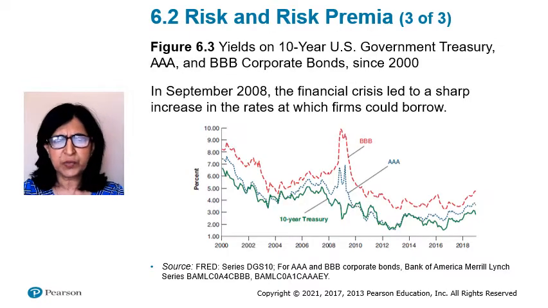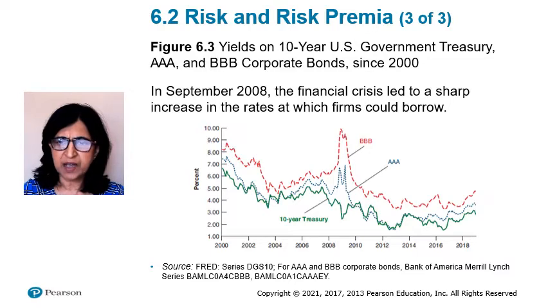Figure 6.3 plots the interest rates on three types of bonds since 2000: US government bonds, which are considered merely riskless, and corporate bonds rated as safe, AAA, and less safe, BBB, by ratings agencies.